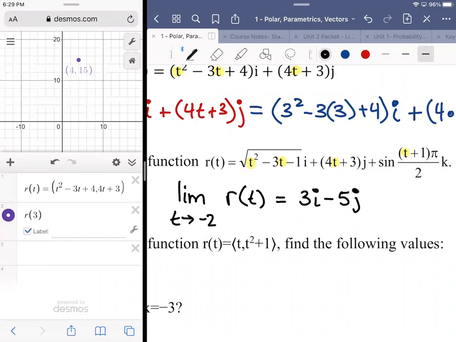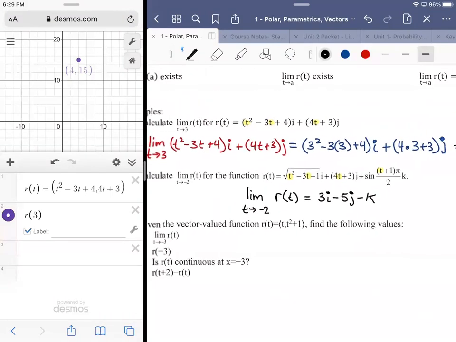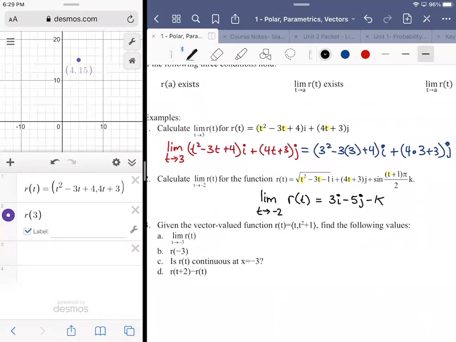So sine of -pi over 2 is equal to -1, so minus k. All right. So you can crunch the numbers in your head. You can use Desmos, GeoGebra, when I show you a little bit more later on. But bottom line is these should be the, I want to call them gimmies, because they can be kind of challenging depending on the nature of the function, but they're not going to be the challenging problems in this unit.